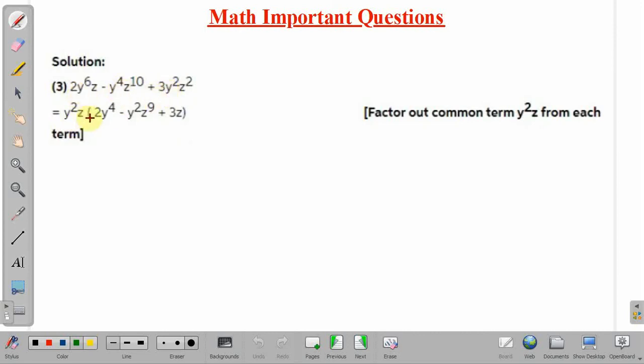So from each term we will factor out y square z, and after simplification we will get 2y raised to the power 4 minus y square z to the power 9 plus 3z.